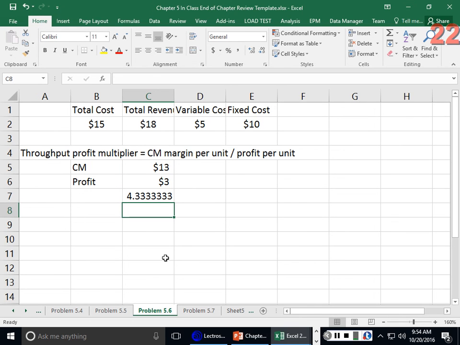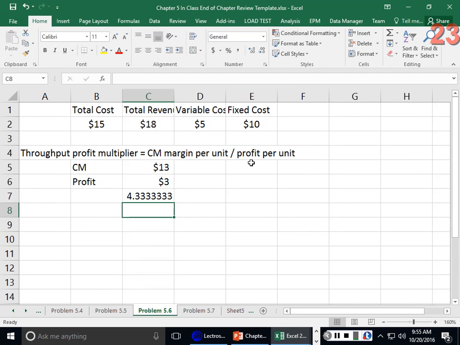So basically what that's saying is that for every 1% increase in my throughput, I'm going to get a 4% increase in my profit. Okay, so that's going to be that relationship. That's going to help you understand that relationship. And that's why, again, when you've got fixed costs, right, that increasing the throughput makes such a difference because you're spreading those fixed costs across a wider array.